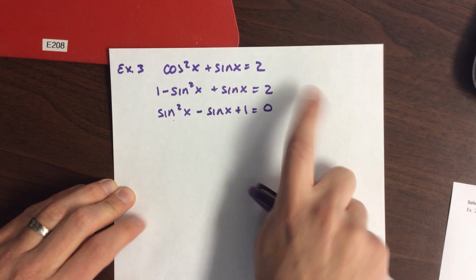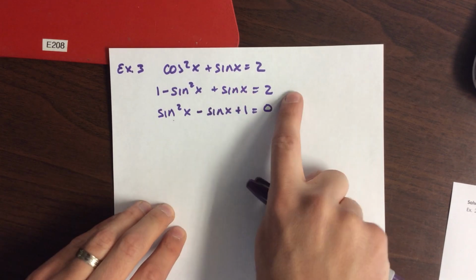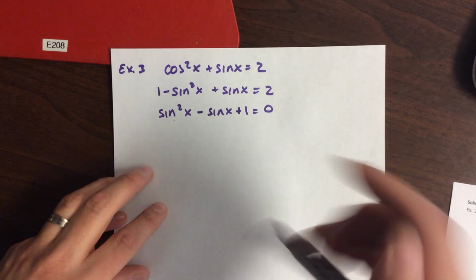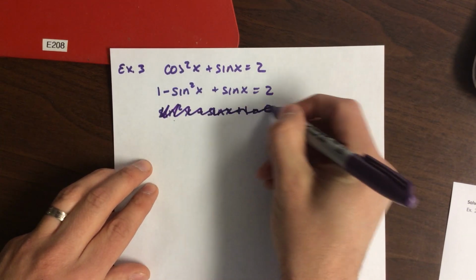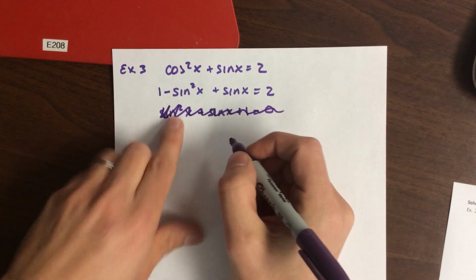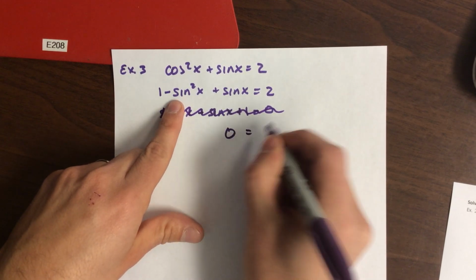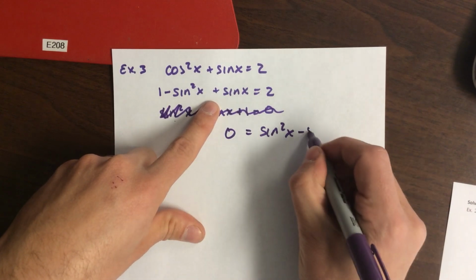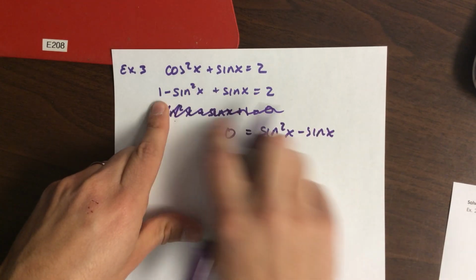I took this and I moved it over to this side. I'm going to move everything to the right side. So I'm going to add sine squared, so I'm going to have sine squared of x. I'm going to subtract sine of x. I'm going to subtract 1.